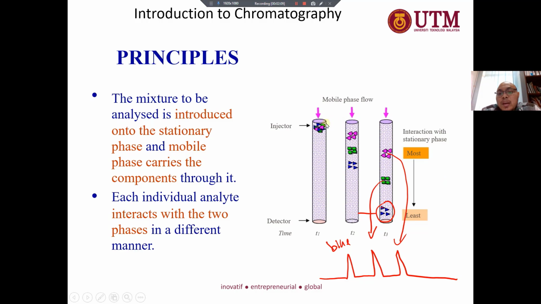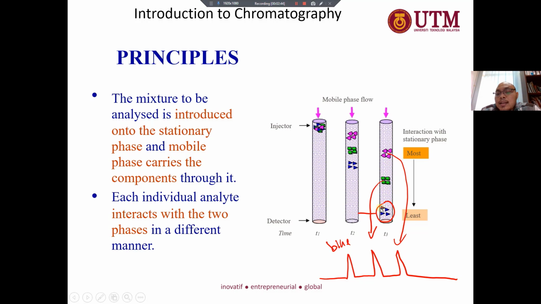So again, we have the analyte mixture over here. Through the injector we introduce the analyte mixture. The mobile phase brings our mixture through the column, and then it will bring our analytes until they reach the detector. The analyte that interacts the most with the stationary phase will elute last, or reach the detector last.